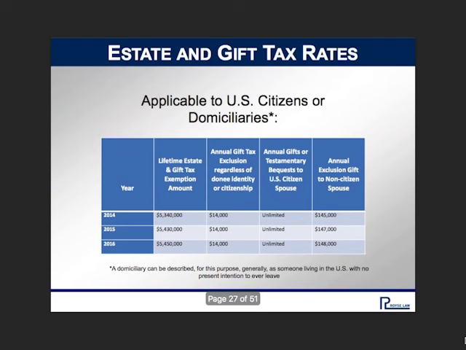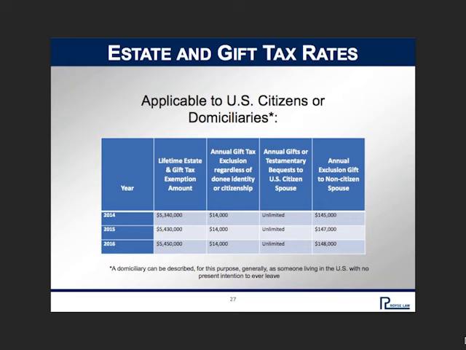And so let's start with this one. I want to start with just a general overview of the U.S. gift and estate tax as it applies to U.S. citizens or domiciliaries. Now, that word domiciliaries becomes an extremely important word in the context of the U.S. transfer tax system.